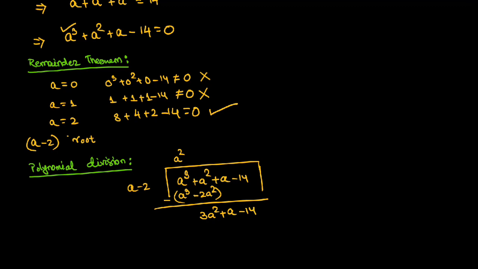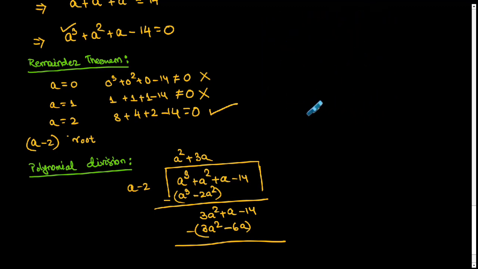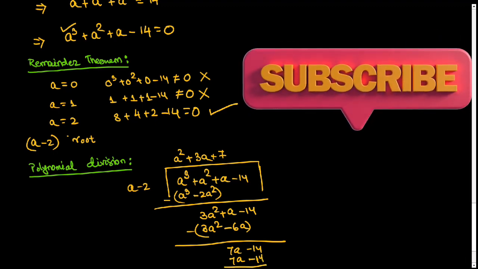Now, with a, if we multiply plus 3a, then this term will be 3a square plus 3a into minus 2, that is minus 6a. Subtract this term, then 3a square minus 3a square is 0, plus a minus minus 6a, that is 7a minus 14. Now, multiplying a with plus 7, that is 7a plus 7 into minus 2, that is minus 14, and when we subtract this term, the remainder will be 0.